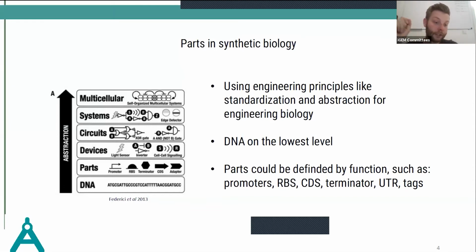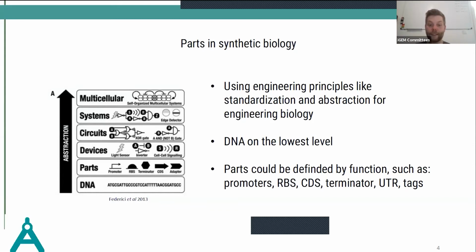To give another example from informatics, or computer science, you wouldn't write a Twitter post in 0s and 1s. And that's the same for DNA. People actually try to program DNA on the 0 and 1 level, but now you move up the levels of abstraction, and you can do something like a Twitter post without typing 0s and 1s.